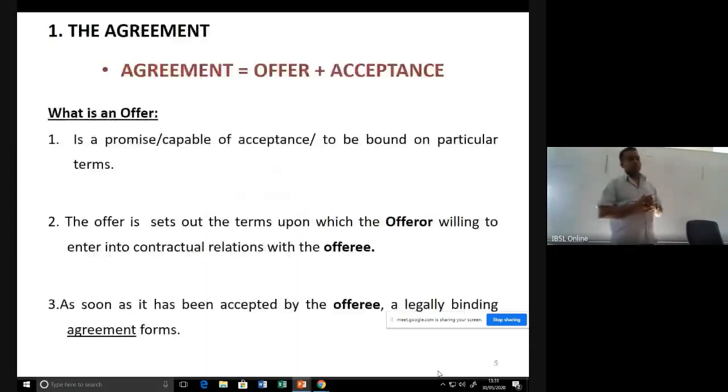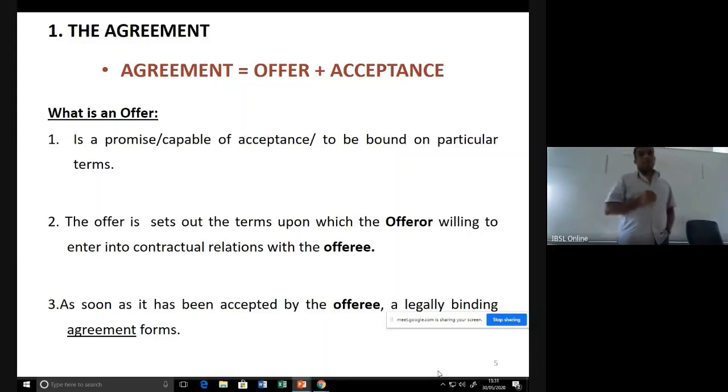Agreement is offer plus acceptance. One party makes an offer, the other party accepts the offer. When the offer is accepted by the other party, agreement is created. The first element is created.